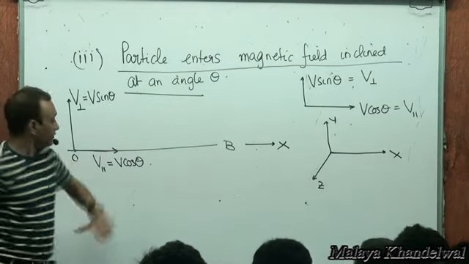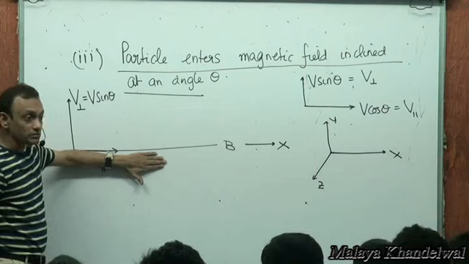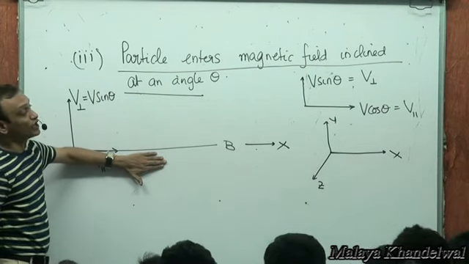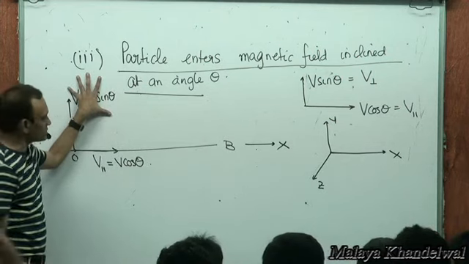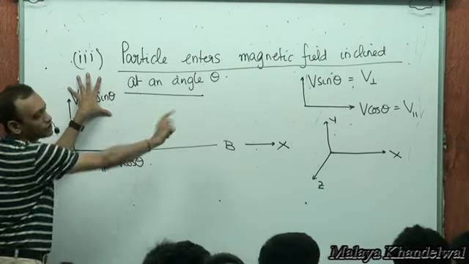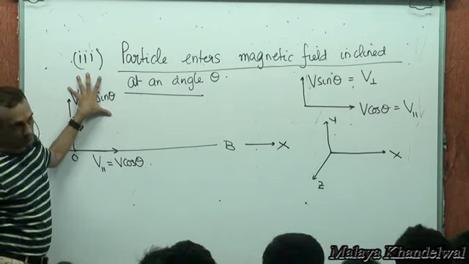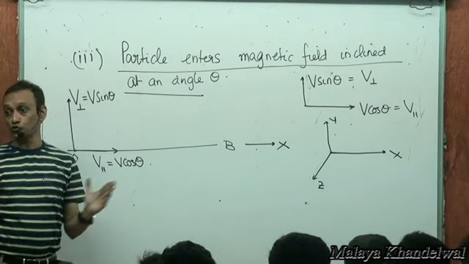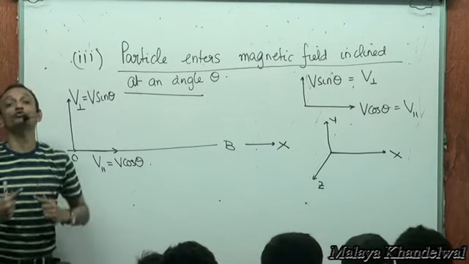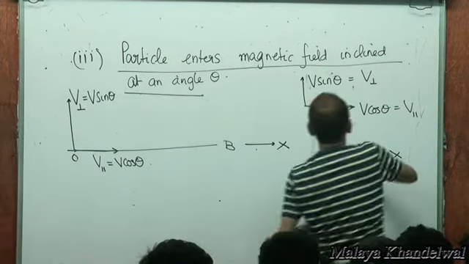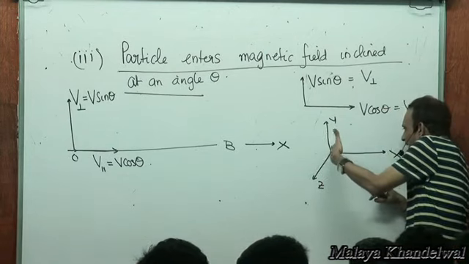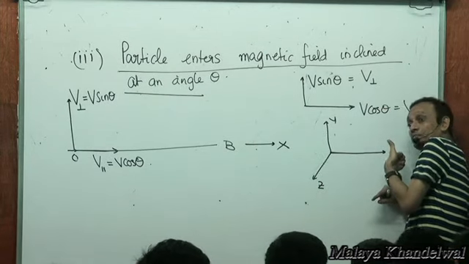Now, if v cos theta was not present, it would be purely circular motion in the yz plane. If v sin theta was not present, it would have been pure axial motion along the B direction. Now if you superimpose the two, then two events would simultaneously take place: circular motion in the yz plane and the yz plane advancing in the x direction because of v cos theta.